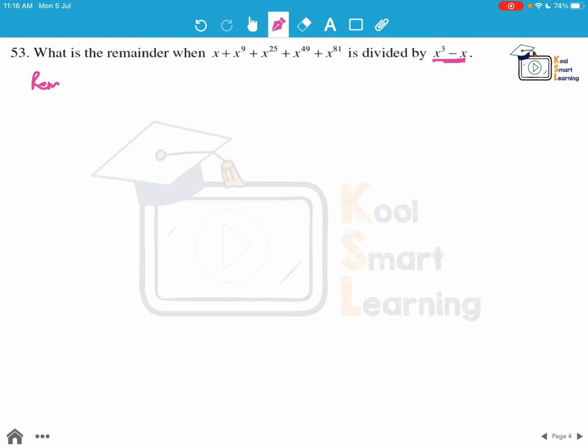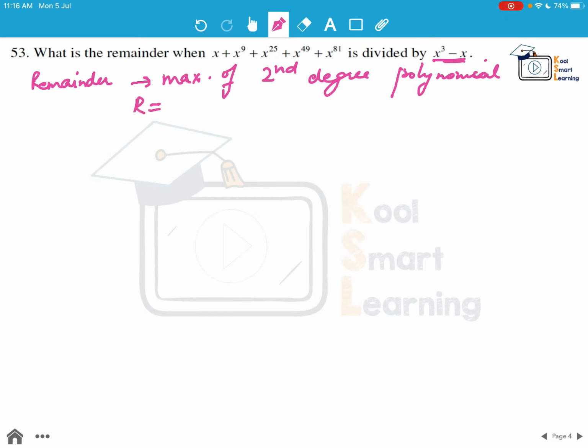So the remainder can be a maximum of second degree polynomial. So let's call this r and define it as rx square plus sx plus t. We've defined the remainder as some polynomial of a maximum second degree, right?